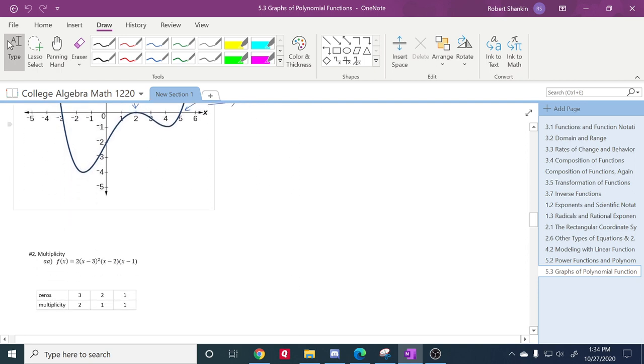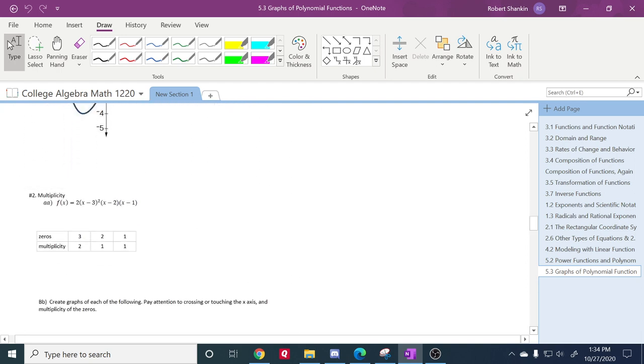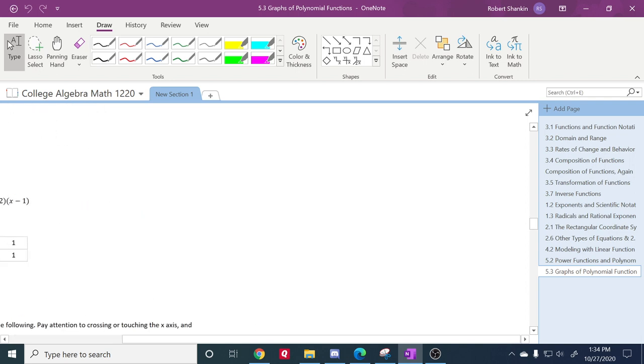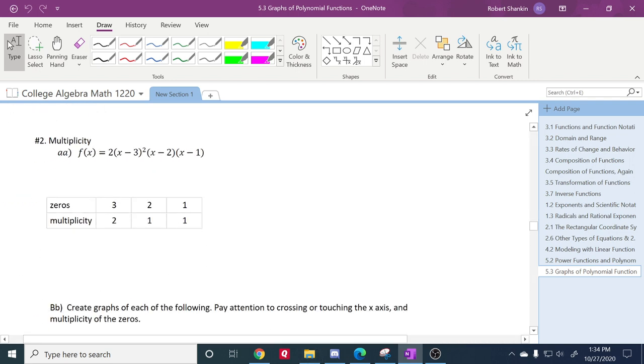All right. Now, the next concept, multiplicity. If I have this function, when I imagine foiling it out, there are 2, 3, 4 x's, so it's a fourth degree polynomial with a positive leading coefficient.